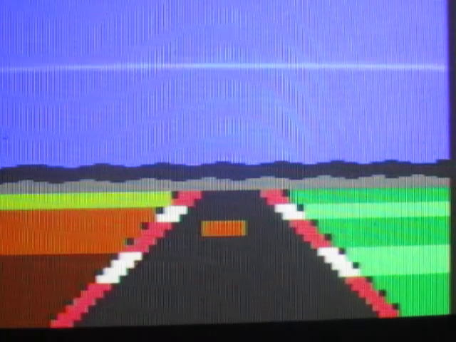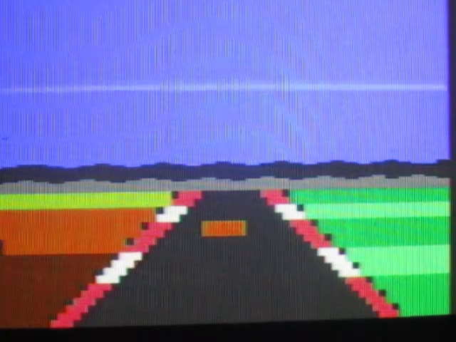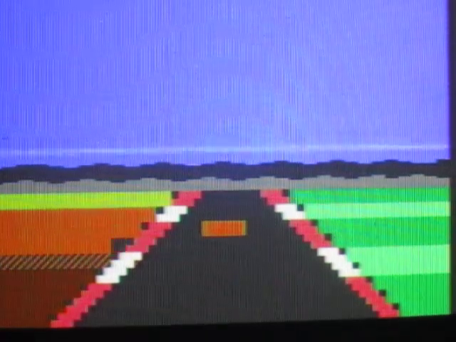I don't know if that would work actually. Let's try it here. Kind of works. I don't know about yellow. Yellow is quite bright on the C64, so yeah, it don't really work for that. So it does work for that.